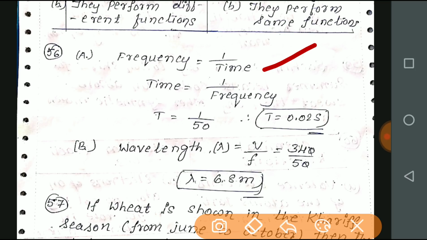Therefore, time is equal to 1 by 50, so time is equal to 0.02 second. Now you have to calculate the wavelength also.